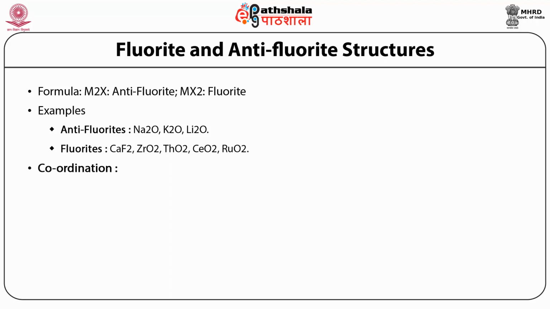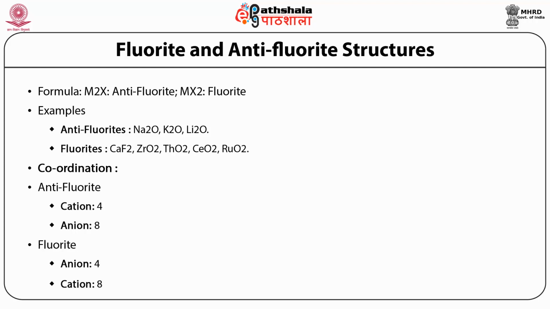The coordination number of anti-fluorites will be 4 for cation and 8 for anion, whereas for fluorites the anion is 4 and the cation is 8.